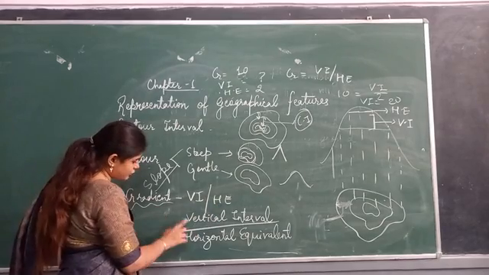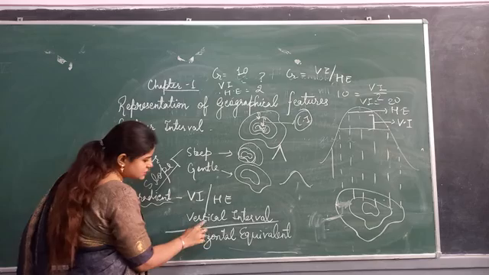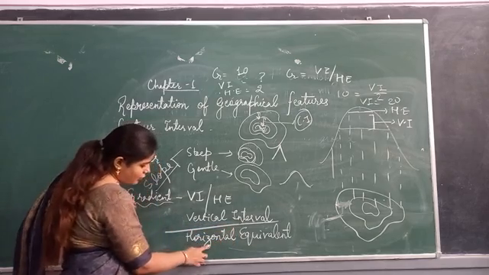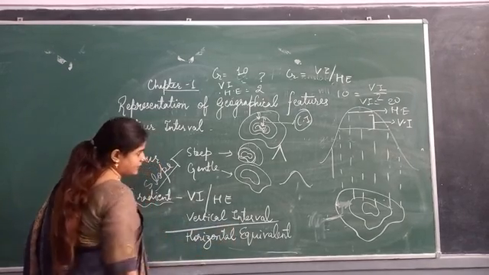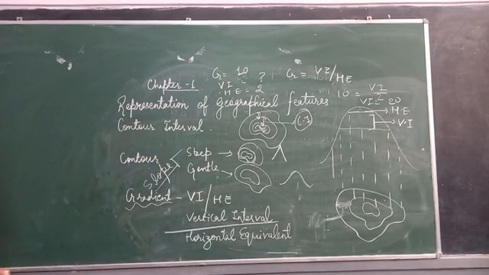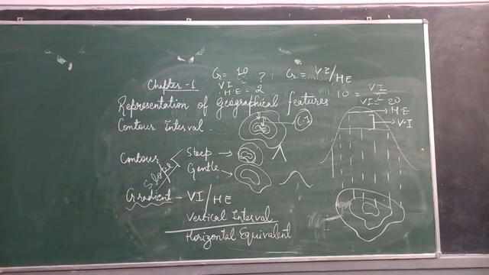You will ask, ma'am, what is Vi? Vi is vertical interval and He is horizontal equivalent. If you know the formula, gradient is equal to Vi upon He, you can determine the gradient if the question is asked.